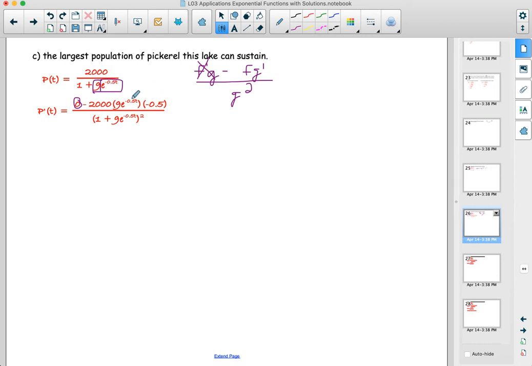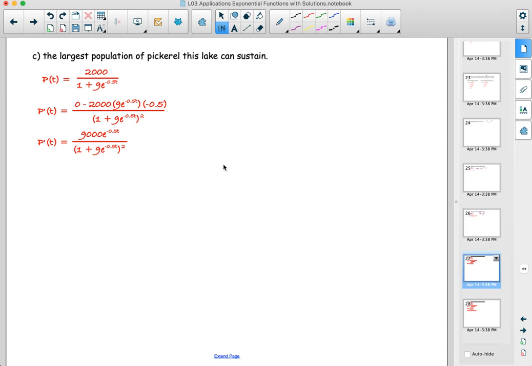So 9 e to the negative 0.5 t times the negative 0.5, all divided by the denominator squared. And then we'll do some cleaning up. We probably could start by multiplying negative 2,000 and negative 0.5, and that gets us to here, which is 9,000 e to the negative 0.5 t. Half of 2,000 is 1,000 times 9 is 9,000. That takes us to here.